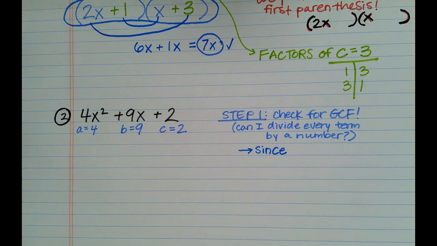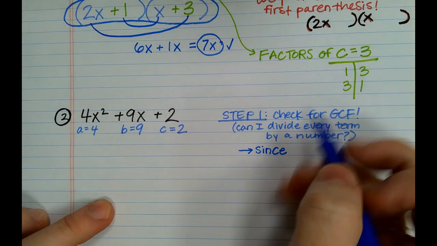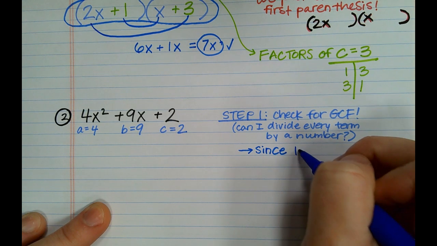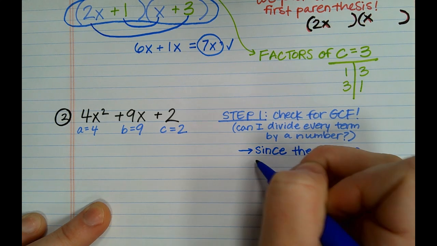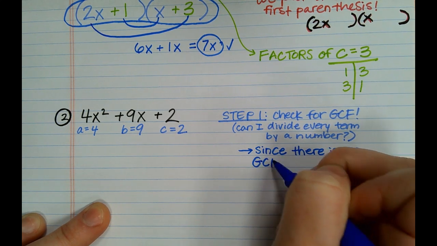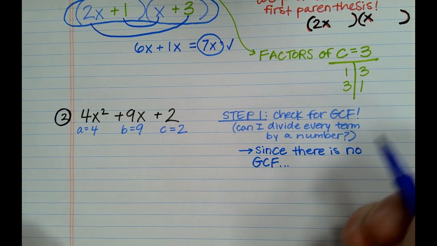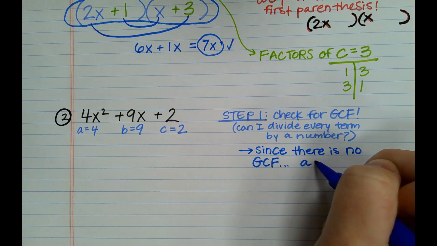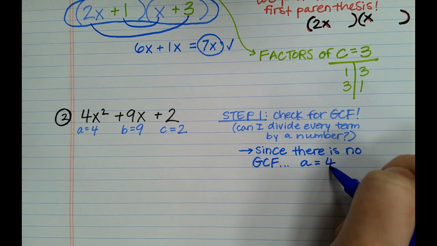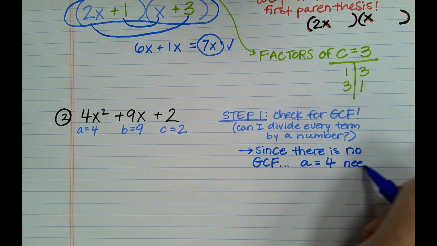So it might be nice for you to have a guide like this to look back at. So since there is no GCF, A, or 4, needs to be in my answer.